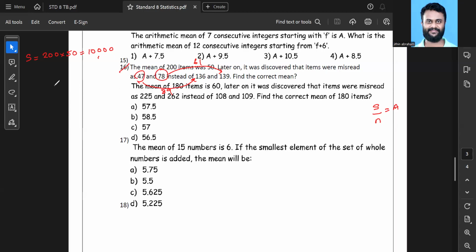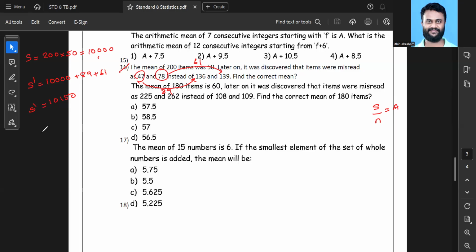That adds 150. So the new sum S dash is going to be 10,000 plus 89 plus 61, which is 10150. This is the new sum. If the new sum is different, obviously the new average will also differ.